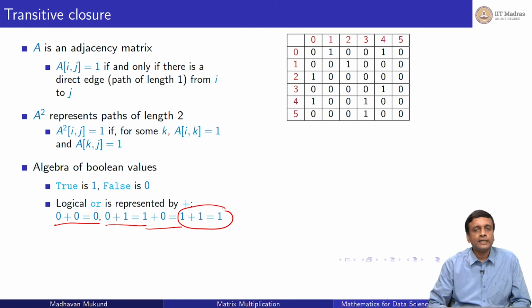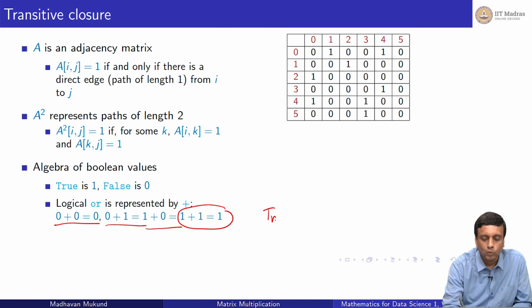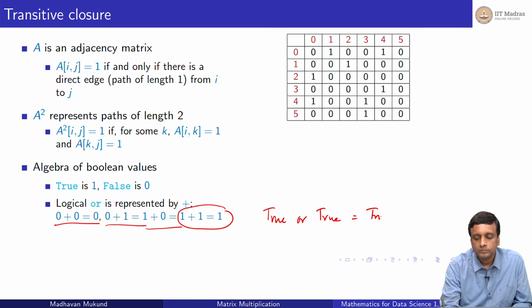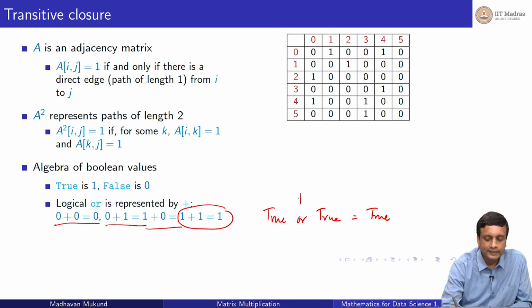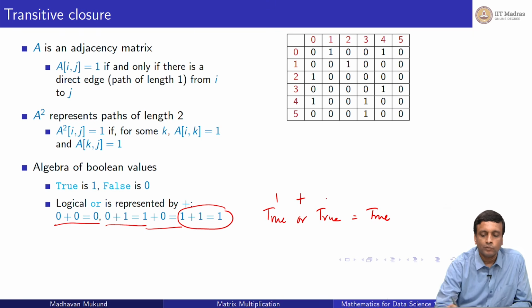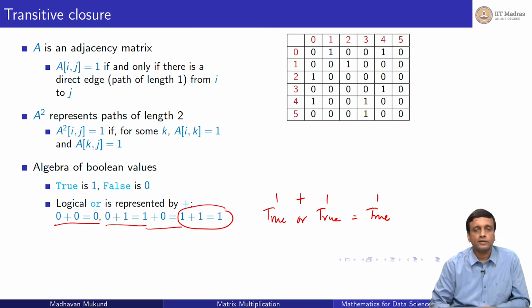So clearly if we are thinking of these as integers, 1 plus 1 would be 2, but 2 is not really a value that we are dealing with. We are dealing with only true and false. So what this is saying is that true or true is equal to true. Right? So this is a kind of strange arithmetic we are doing, but it is justified because the underlying interpretation is in terms of logical values and logical operations.